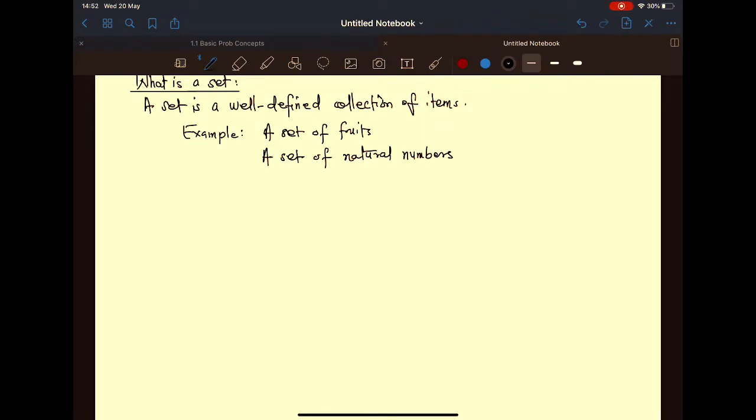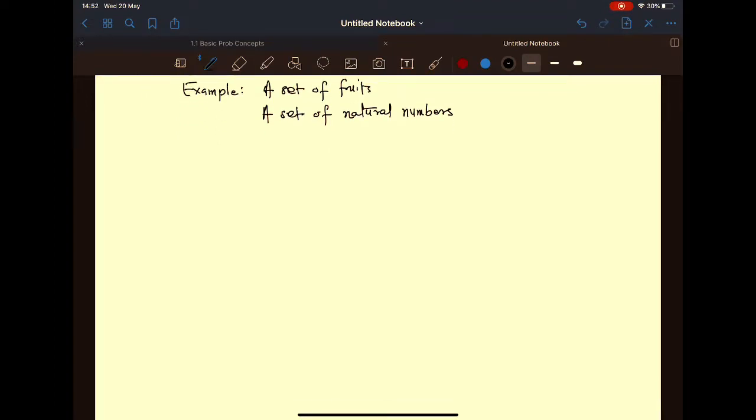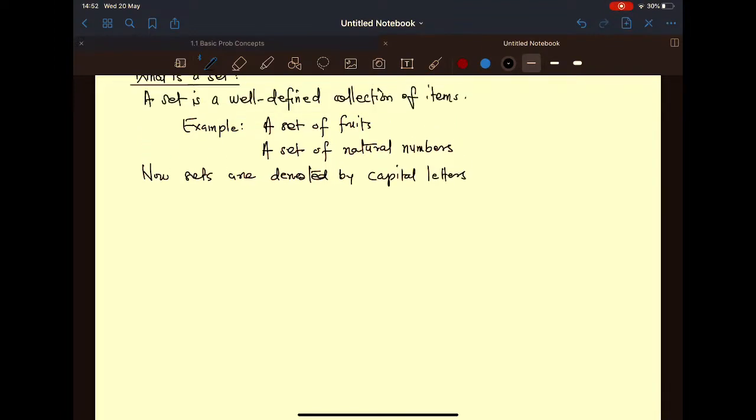Now, we define the collection of fruits also as a set because anything that comes up as a fruit forms a part of this set. Sets are usually denoted by capital letters, so many times set notations are with capital letters.